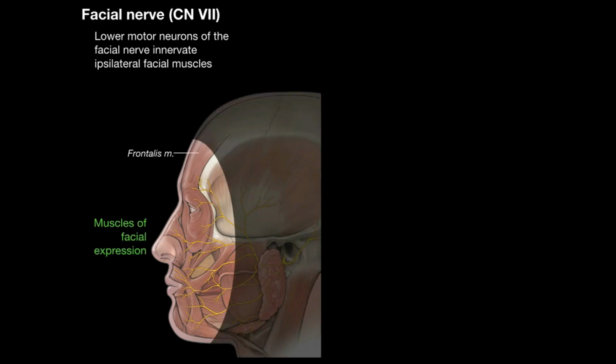Those muscles include the frontalis muscle that wrinkles your forehead, and orbicularis oculi that closes your eye, and nasalis muscle that flares your nostrils, and zygomaticus muscles which make you smile, and orbicularis oris muscles that help you close your mouth and pucker your lips.